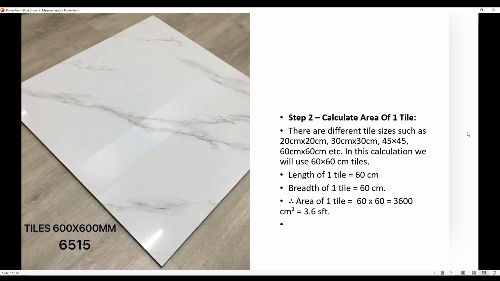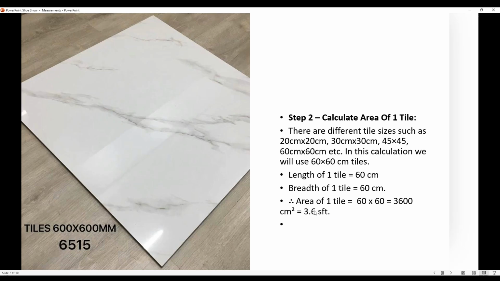But anyways, now we need to calculate the area of this ceramic tile. So in order for us to calculate the area, we multiply the length of the tile times the breadth or the width. So 60 times 60, that's 3,600, which equals 3.6 square foot.